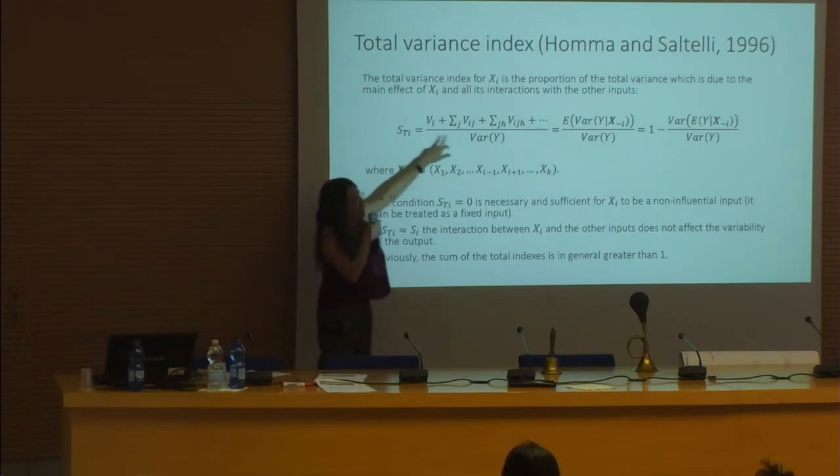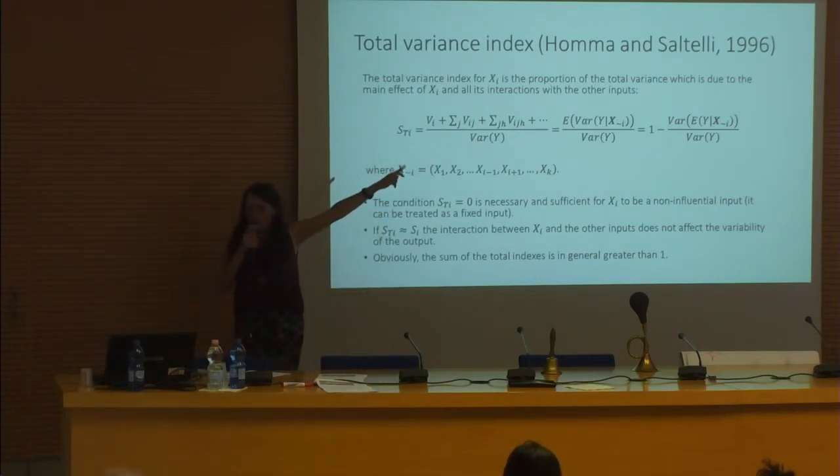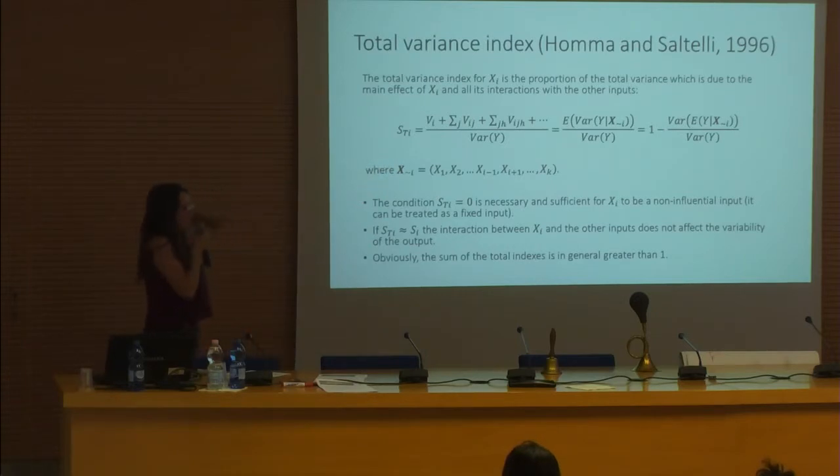In this sum, I included all the variances that involve the factor xi. The total variance index measures the proportion of the total variance which is due to the main effect of the input and to all its interactions with the other factors.